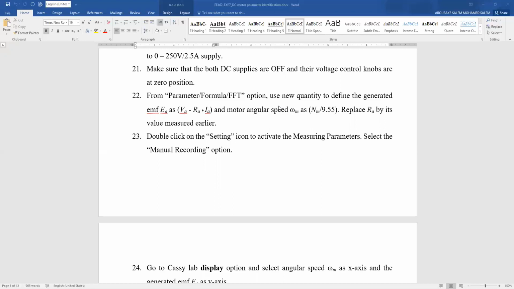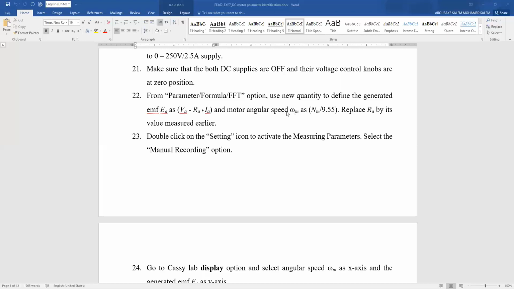So we are going to substitute the formula VA, which is a defined channel, minus the value of RA multiplied by the current channel name. So this will be the equation of EA. Simply, if we have EA and we measured already omega m, we can substitute in the equation EA divided by omega m to get the motor constant.